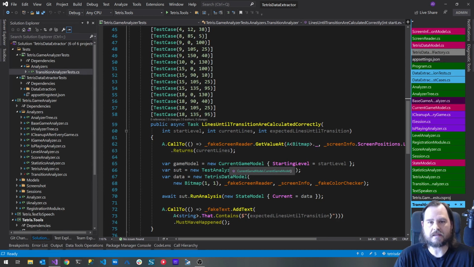I stopped last time simply because I ran out of time, but I didn't feel good about it. So I was thinking about it this week, and I realized that we need to make a transition calculator class and an interface that the analyzer can just use.